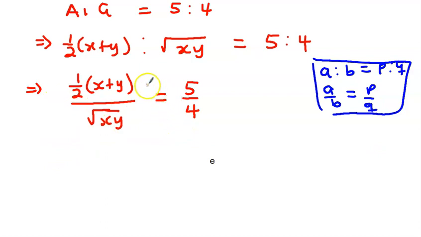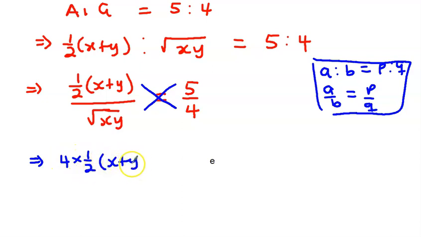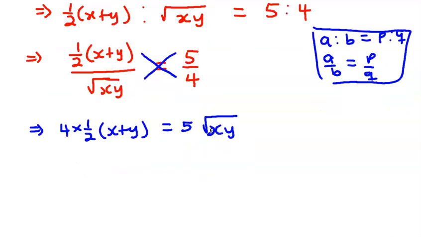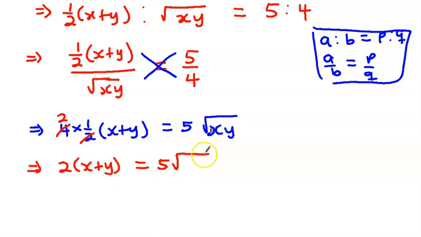So we can cross multiply, which implies that 4 times 1/2 (x plus y) will be equal to 5 times square root of xy. So this 2 will go here too. So we have 2 times (x plus y) is equal to 5 root xy.